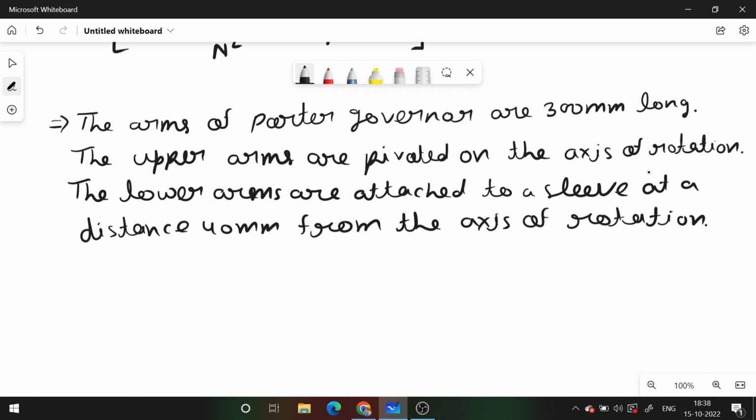The mass of the load on the sleeve, capital M, is 70 kg and the mass of each ball is 10 kg.